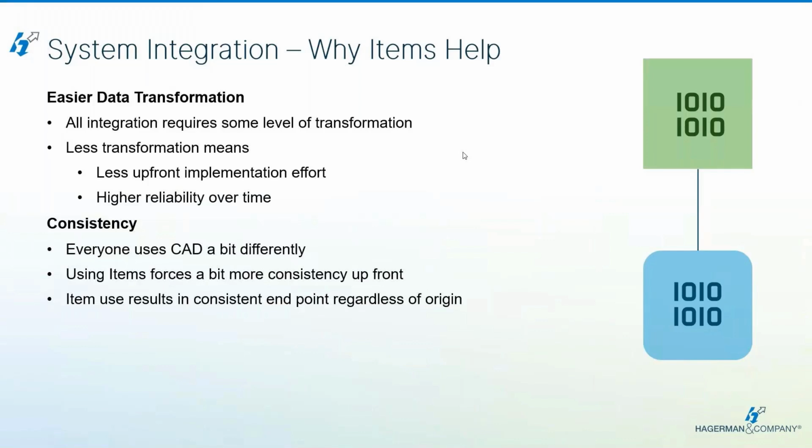They'll all end up as items the same way, right? So it's a great way to get disparate engineering groups on the same page without necessarily forcing them to all work exactly the same way, right?